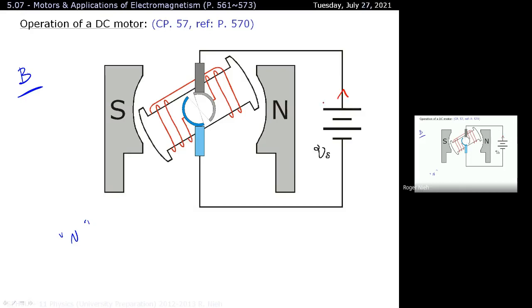Current leaves from the positive, travels upwards through this conductor, travels all the way across, finally passes through the first brushing, which makes contact with the gray split ring. It sees that there's a viable path through it in this order, so that's why it's going to take a U-turn and travel upwards. Down through the back, up through the front, down through the back, up through the front, and then diagonally downwards.